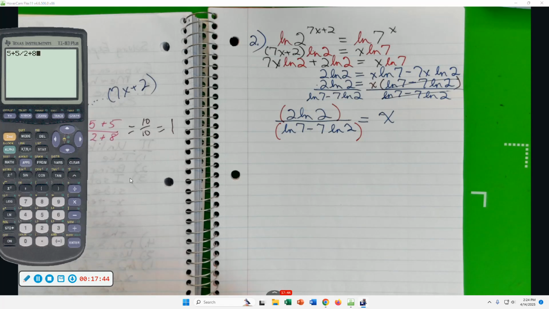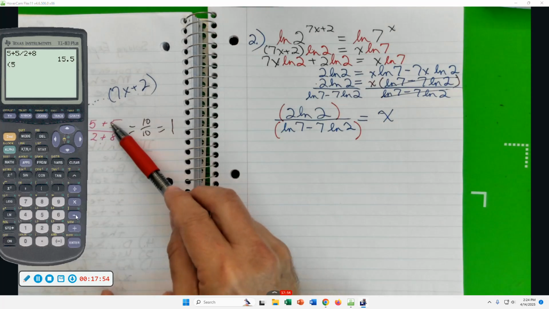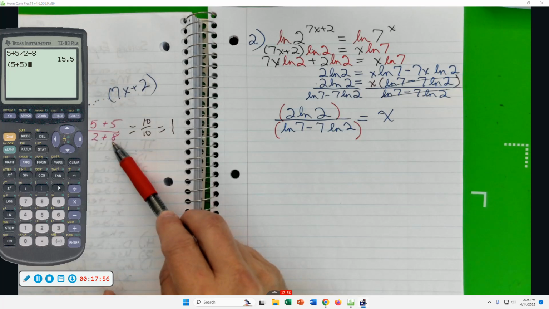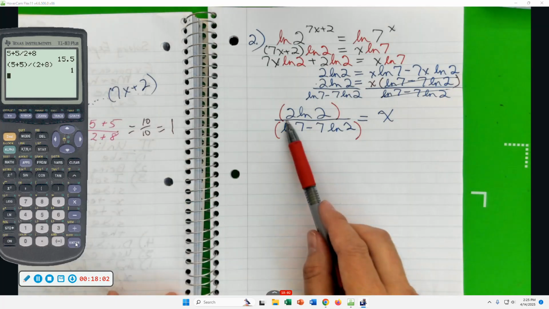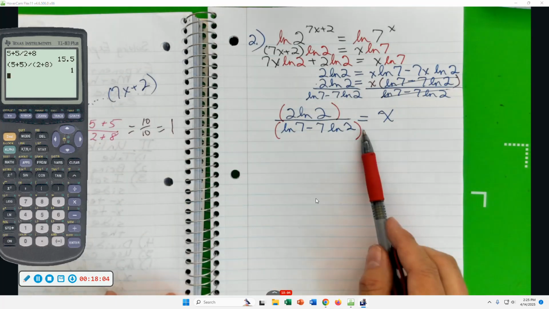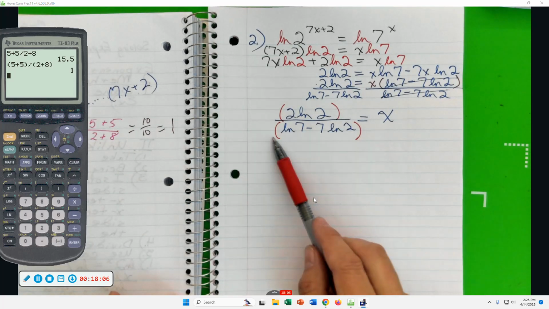Is it going to give us 15.5? That's wrong, isn't it? You need to make sure that it simplifies the numerator, simplifies the denominator, and the last operation performed is that division. To do that, you have to include those parentheses around the top and the bottom.